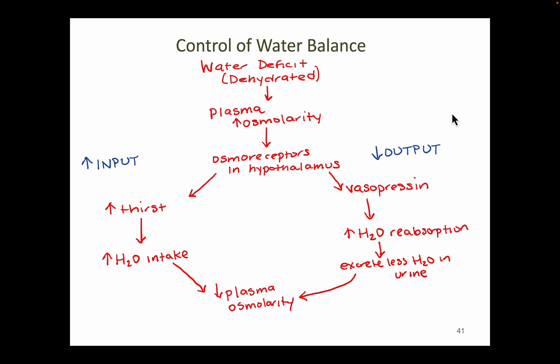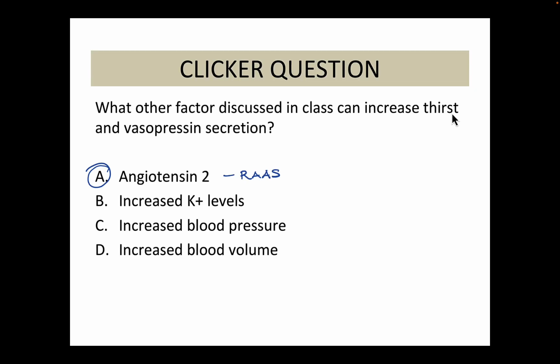This alone would allow us to reabsorb more water and dilute our plasma. If we wanted to control our ECF volume, we are going to activate this RAS system, which increases our sodium reabsorption. And where sodium goes, we want water to follow. But to help out with that, we also have vasopressin, which allows us to absorb more water to follow the sodium. So they are linked together.